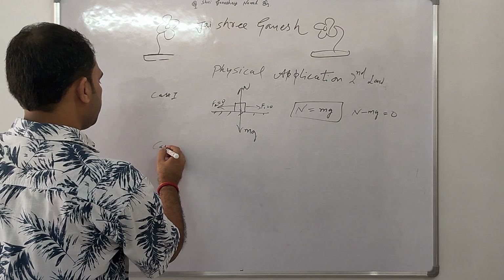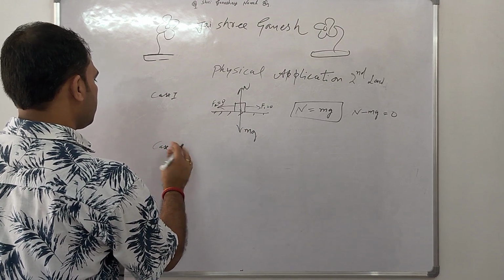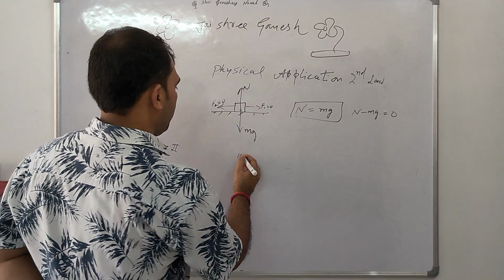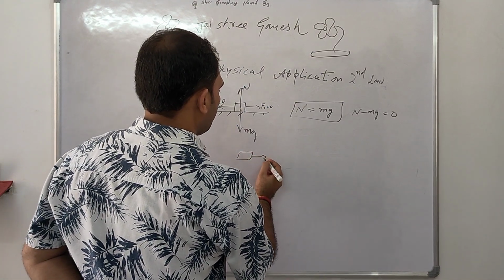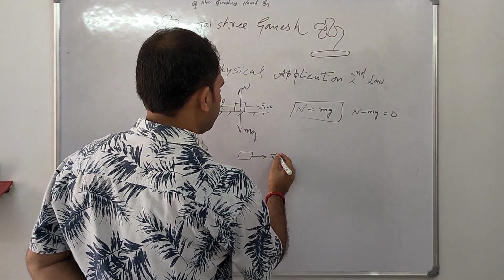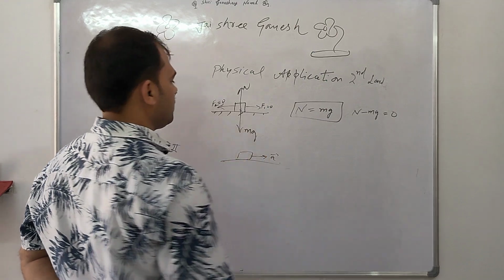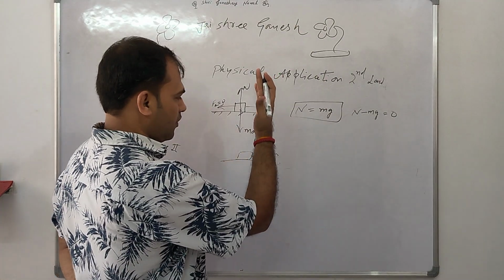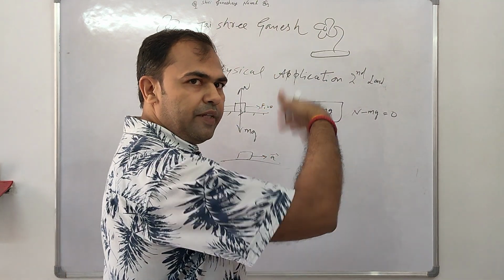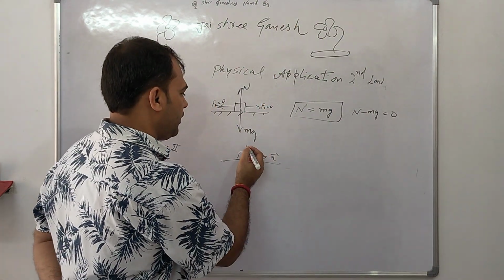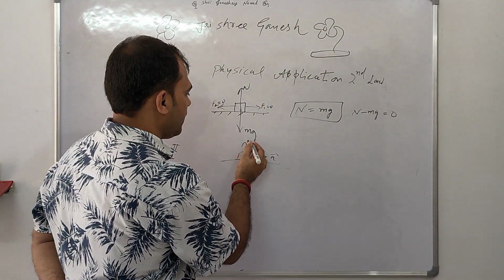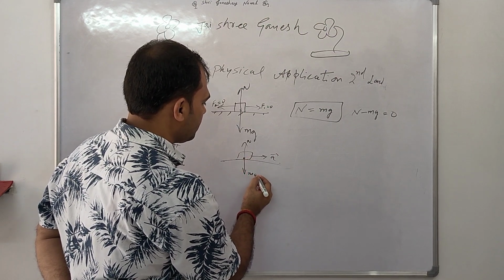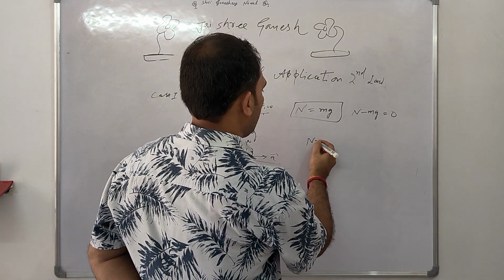Second case, the body is moving with constant acceleration a. Then obviously vertical forces will cancel out. They will balance, N and mg. N will be equal to mg.